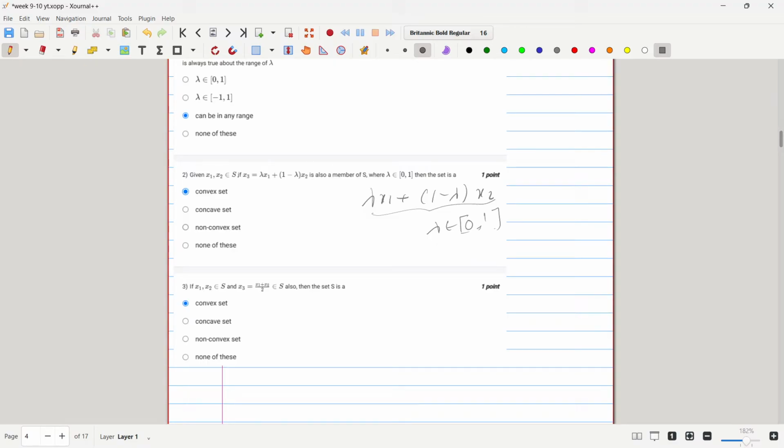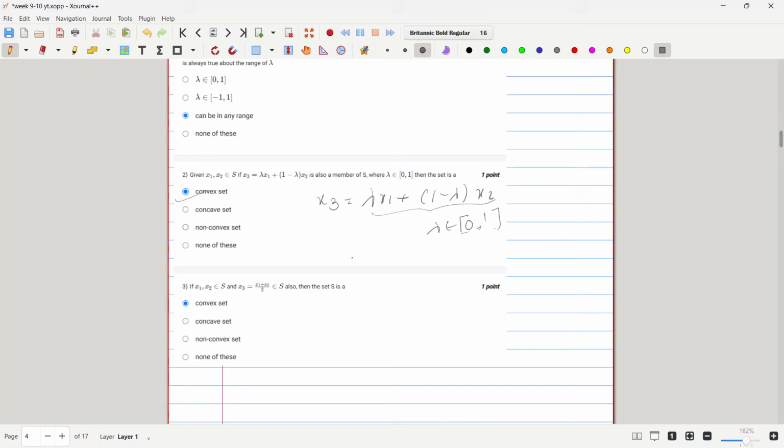So given x1 and x2, you can substitute this whole expression to x3.